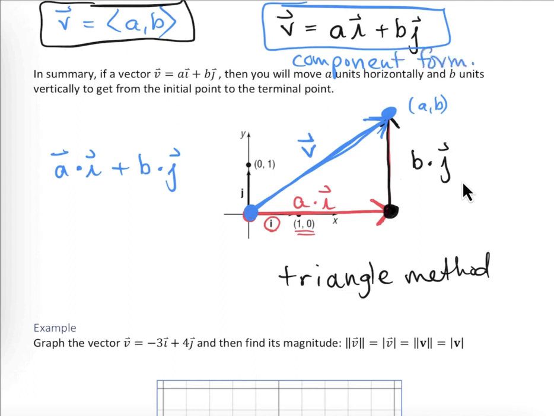So we can represent it algebraically in component form by simply taking the components from the position vector form and using those components as scalar multiples of i and j, and then adding those two vectors together so that the v vector in question is the result, or the resultant, of that sum.